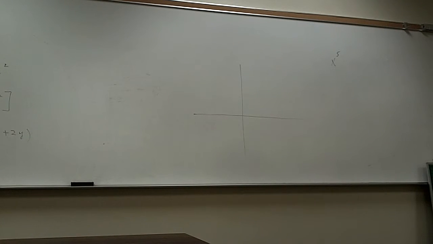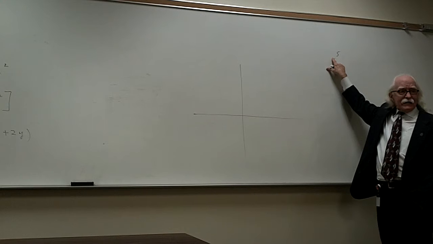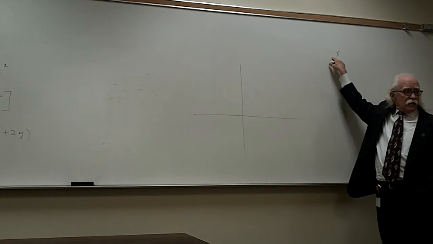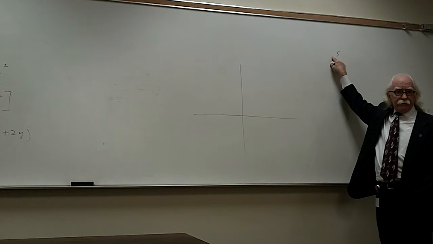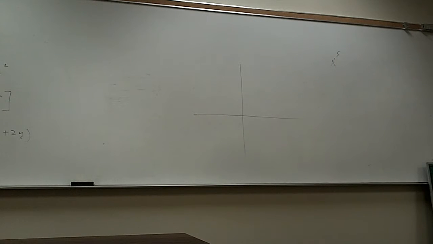It could be any 5th power equation. And you also know that the coefficient in front of the leading term is positive. Who can tell me right off the bat what this problem looks like on the graph? It intercepts the x or y axis 5 times.